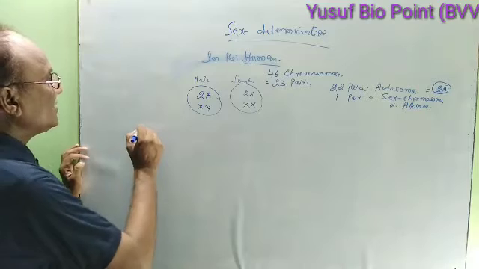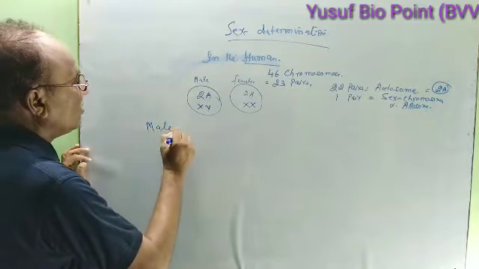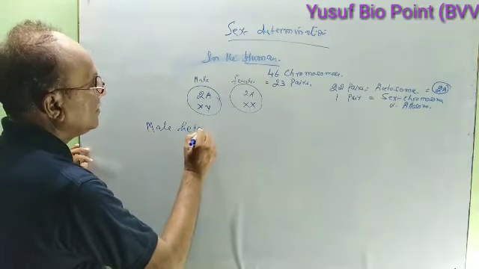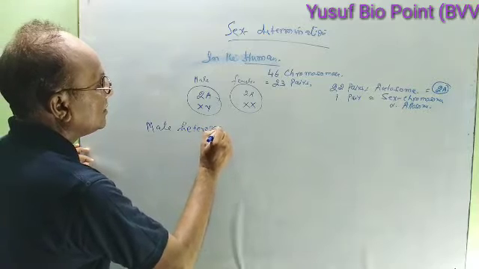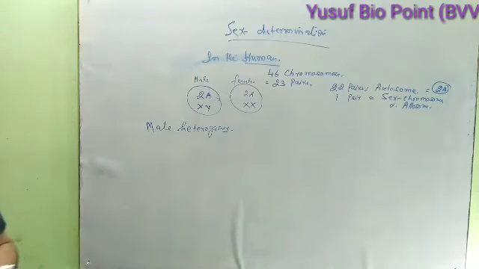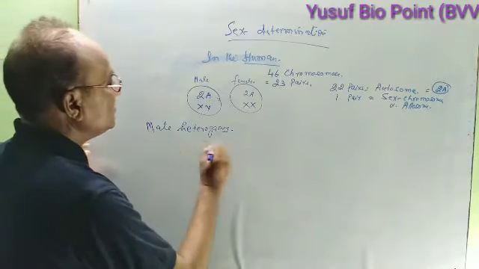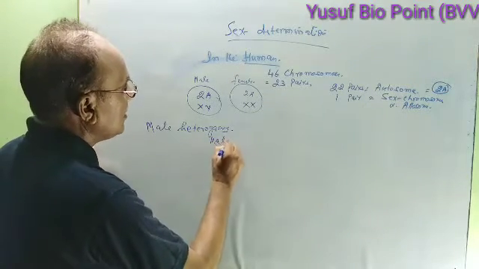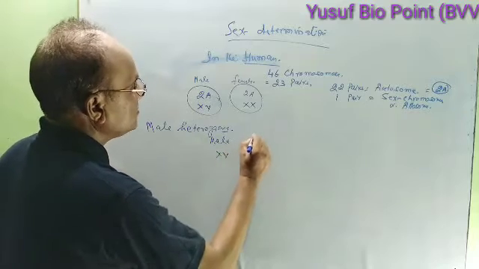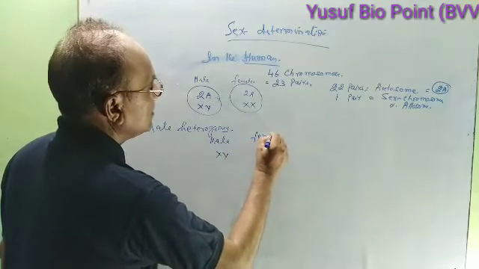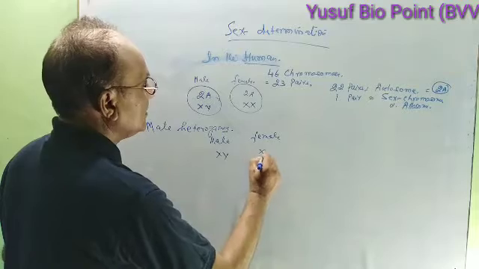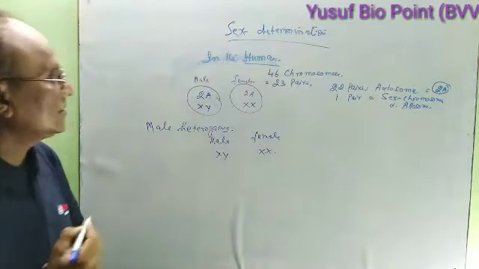So we can say that it is called male heterogamy. It means in which male is XY, female is XX. Understand?